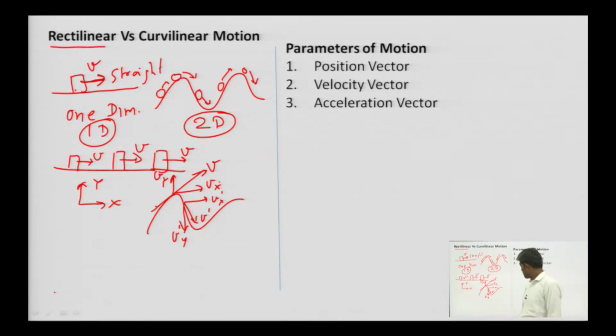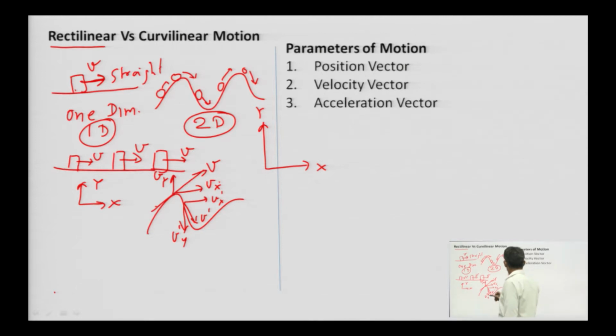In terms of velocity, acceleration, displacement, everything will have two parameters, in terms of x and y.